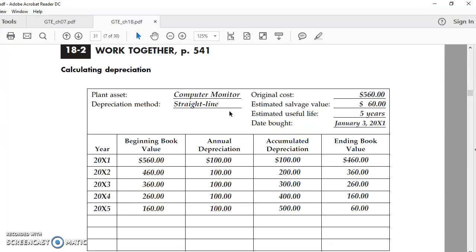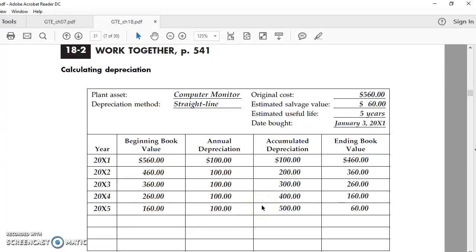In order to calculate that straight line depreciation, and I gave you one of these examples again before I left on leave, you're going to take the original cost in your calculator, $560. You're going to subtract $60, which is the salvage value, which is non-depreciable, and then you're going to divide the remainder, which is $500, by the 5 years of useful life.